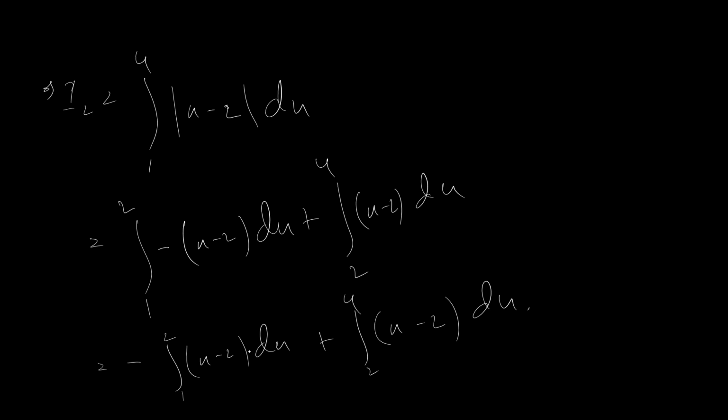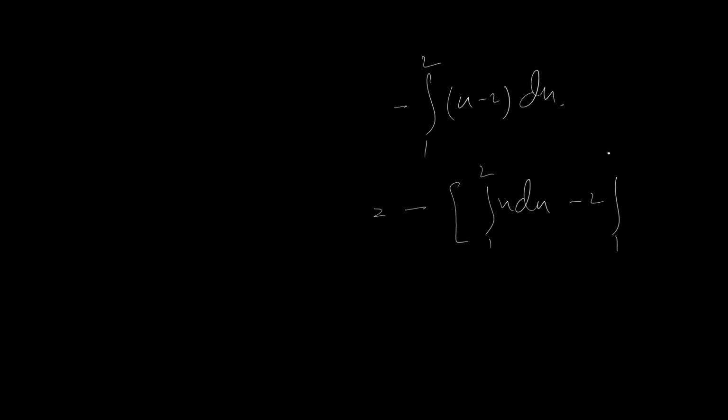So I will do this integration first, then the other. This is the integration of x − 2 dx from 1 to 2, and there is a minus sign here. First of all, this is the integral from 1 to 2 of x dx minus 2 times the integral from 1 to 2 of dx.